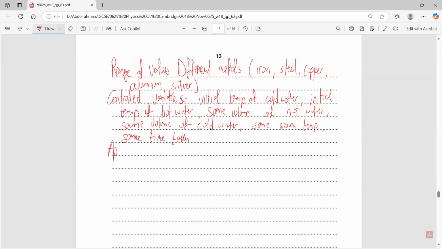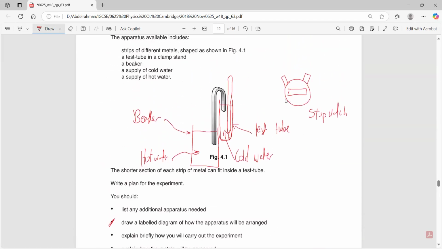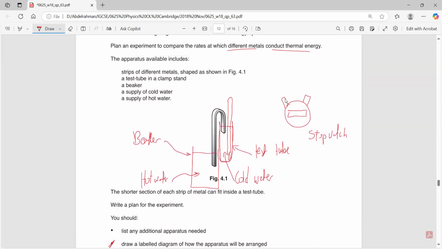What about the missing apparatuses? Okay, let's check out the apparatuses. Cold water, beaker, hot water. So he didn't write down the thermometer. Okay, we need to label the thermometer and the stopwatch.